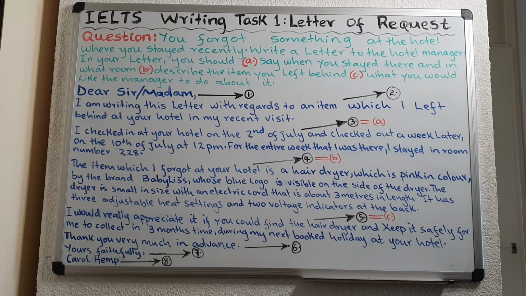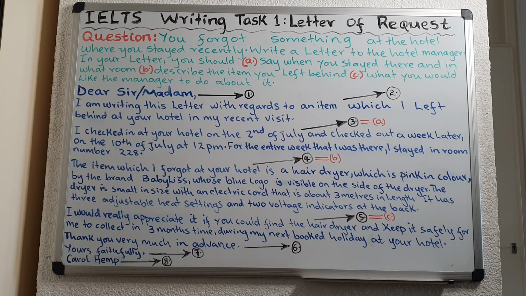Now I need to address the second part, and in what room. I need to tell the hotel manager in which room I stayed. So step 3, the second sentence. For the entire week that I was there, I stayed in room number 228.